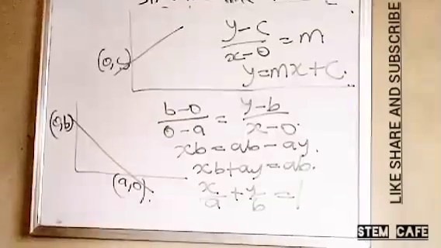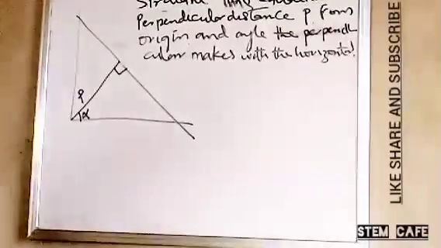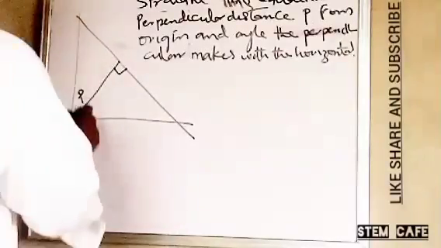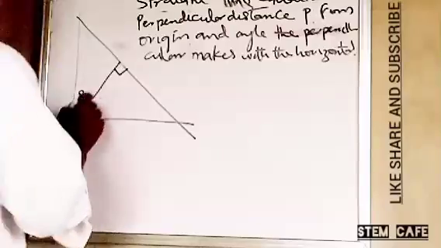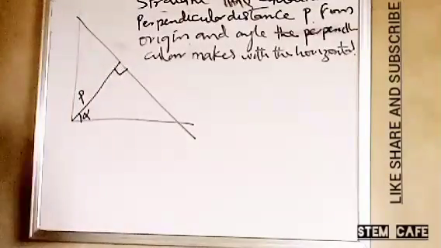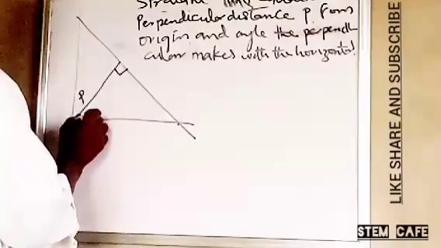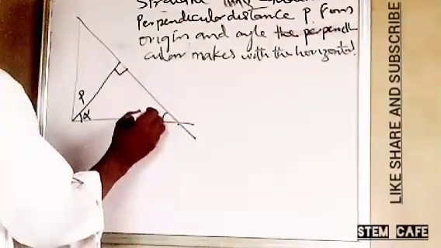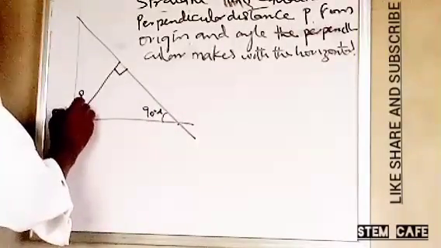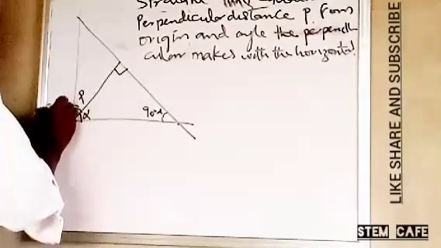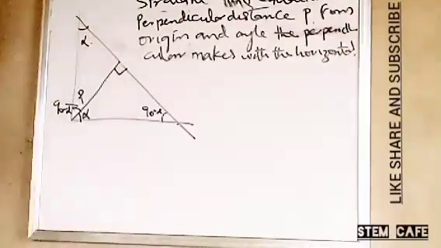Now this will bring me to getting another equation. Now we have perpendicular distance p from the origin and the angle is alpha. Now let's try to find what this angle is. This is alpha, this is 90 minus alpha. So this angle too will be alpha.